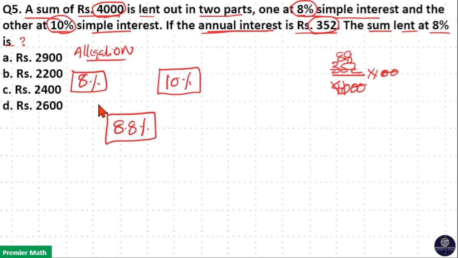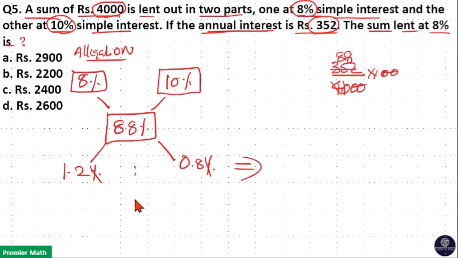Now, this 8% and 10% constitute this 8.8%. Now, take the difference between 8 and 8.8%, which is equal to 0.8%. Now, take the difference between 10 and 8.8%, which is equal to 1.2%. This is the ratio of money lent at 8% and 10% respectively.